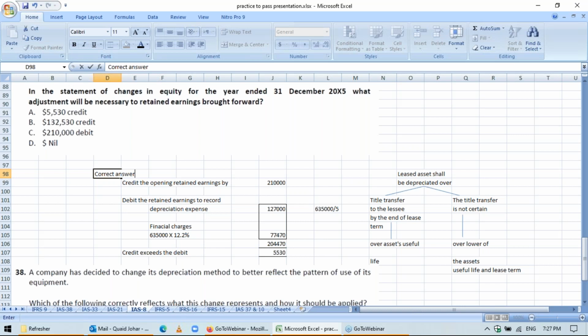So now what we do is remove the 210,000 expense from the profit and loss account in the previous year. So that will increase the profit by 210,000, and we will reduce the profit by the depreciation expense and the financial charges, which sum up to 204,470. The correct answer is it will increase the profit by 5,530. So it's A.